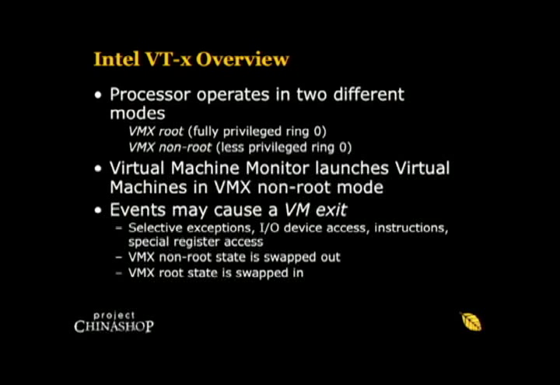Like I said before, Ring 0 is now split into two operating modes, VMX root and VMX non-root. VMX root is fully privileged. Everything operates just as you assumed. Non-root is where VMs are run, and they can run even privileged instructions without a problem.